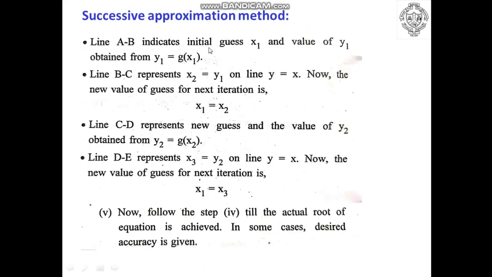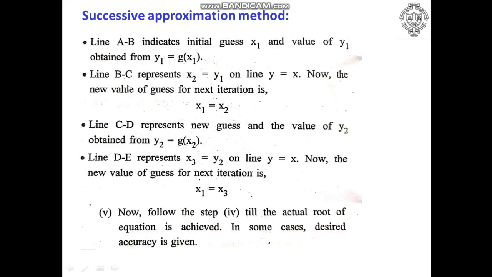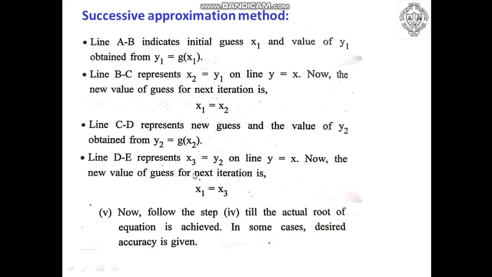Line AB indicates the initial guess x1 and the value of y1 obtained from y is equal to g of x1. So this particular line represents the value of x1 and the respective function y1. Line BC represents x2 is equal to y1. I have already explained it. This BC line represents that the magnitude of these two is the same.